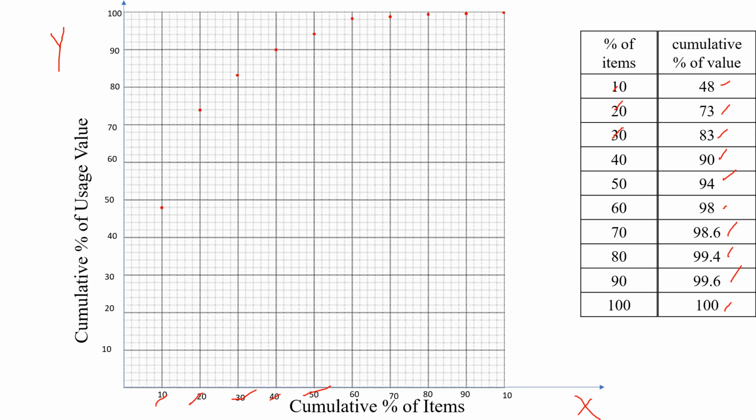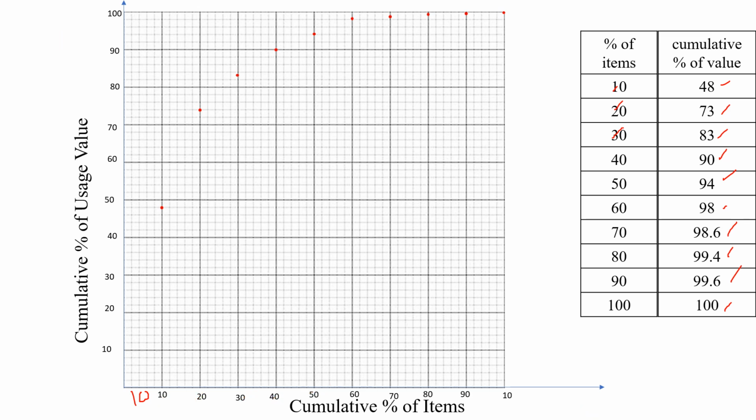That is the cumulative percentage of the value. For each division, let us consider 10% on the x-axis as well as the y-axis. First I have to draw and divide this. One minute, I will erase this.